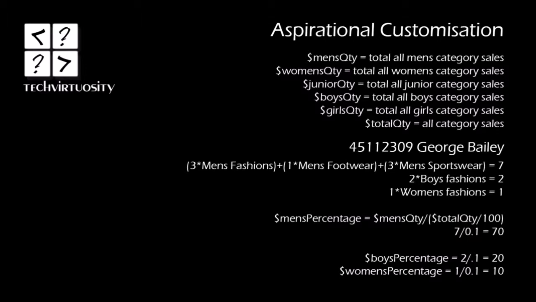So that's 70%. Similarly, it makes the same calculation for another variable, boys percentage, which works out at 20%, and then the women's percentage, for that 1 sale in women's fashion, equates to 10%.